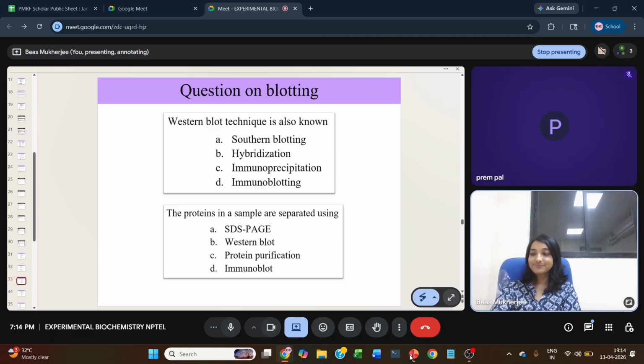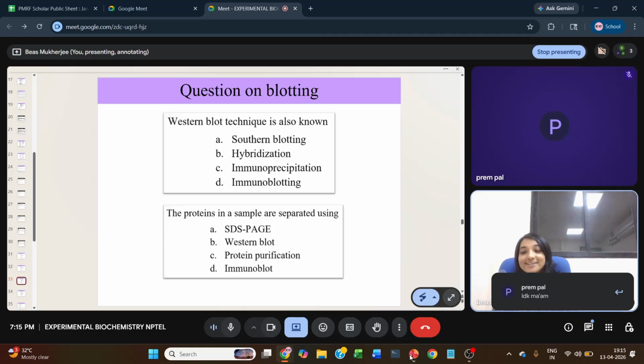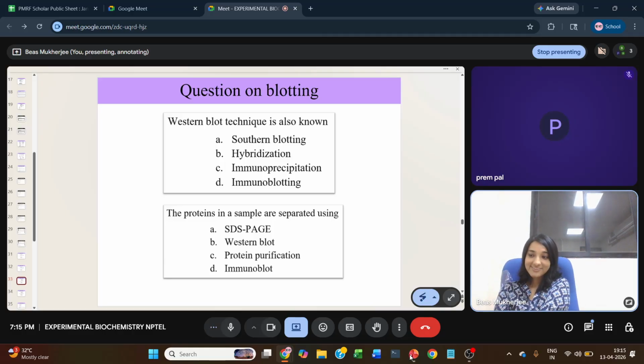Try answering. Acha. So basically in immunology, you read about antigens and antibodies, right? So that was a clue. Anyway, so Western blot uses primary antibody, secondary antibody specific to your antigen, right? Epitope of the antigen. That is why it is called immunoblotting.